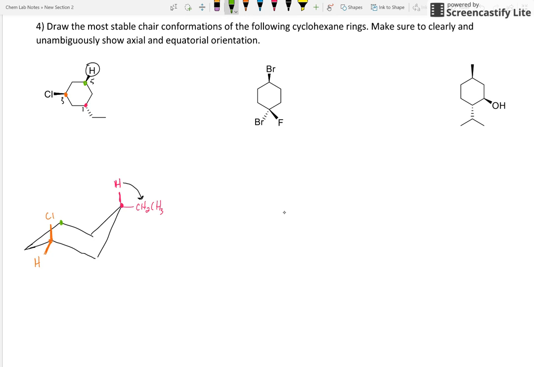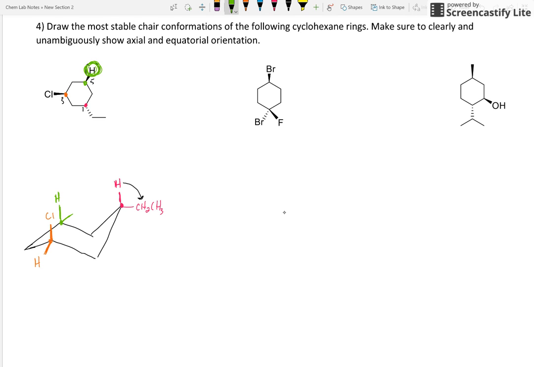I'm going to move over here to my green carbon. I'm going to draw the equatorial group out like this just for clarity's sake. It really doesn't matter necessarily exactly which way it's going. It'll get the point across. All right, so the hydrogen that's circled here in green is cis to the chlorine and trans to the ethyl.